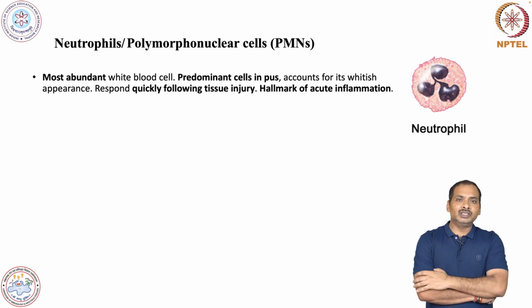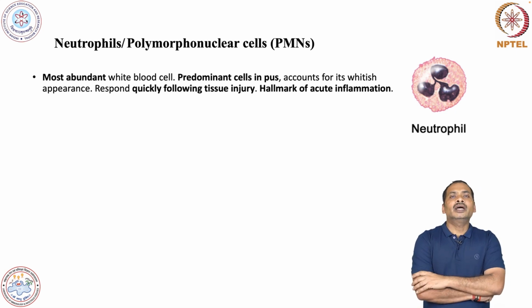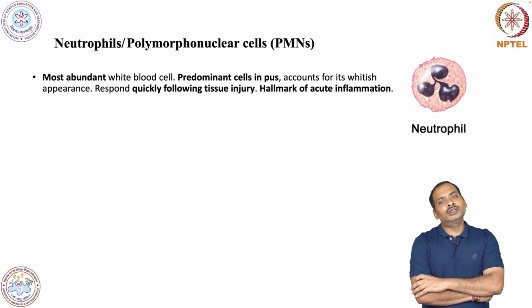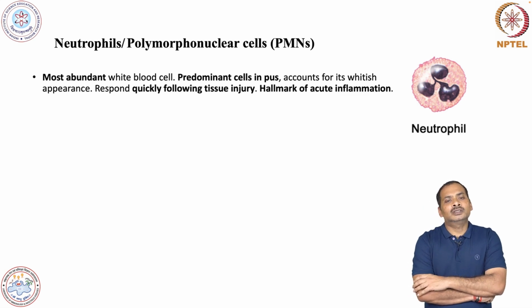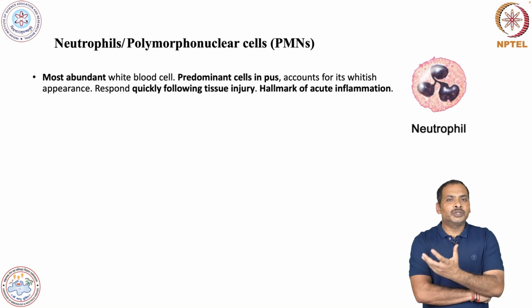They are the most abundant cells in blood, and they play a very important role in defense against any microbe. As I said, they are the first responder, so they are the predominant cell.